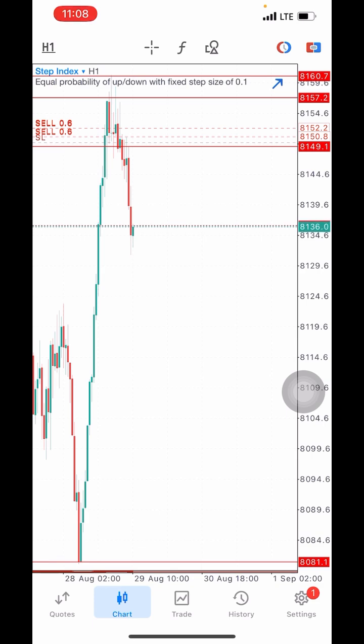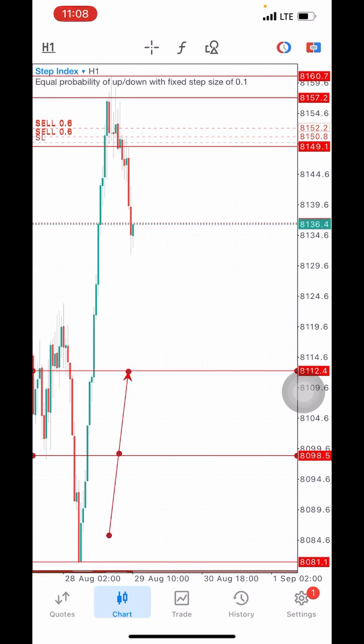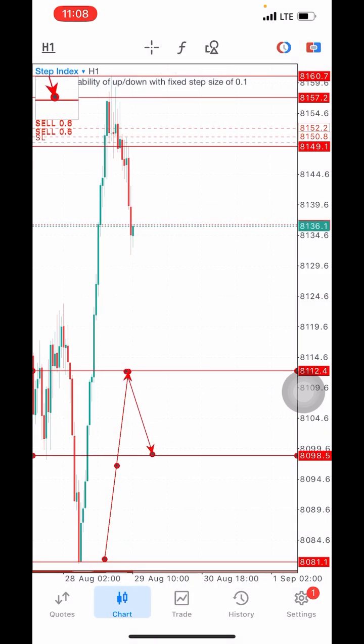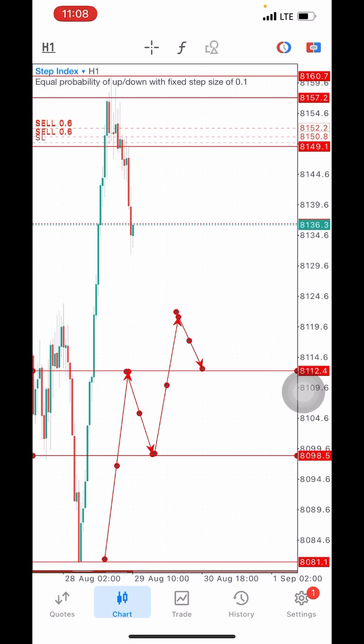Now, a retest is like this. Let's say we have horizontal lines. A retest is something like this: it comes down to this point, then starts going up, comes down to this point again, then goes up again.